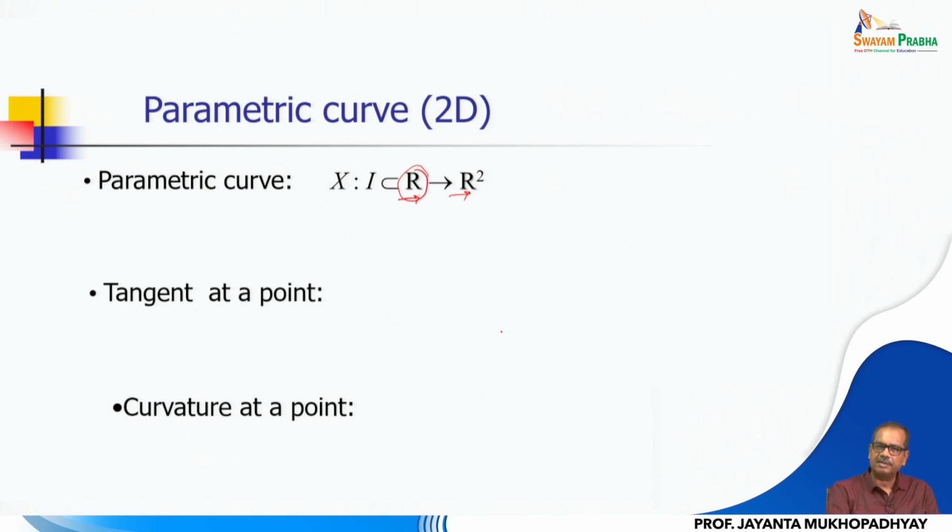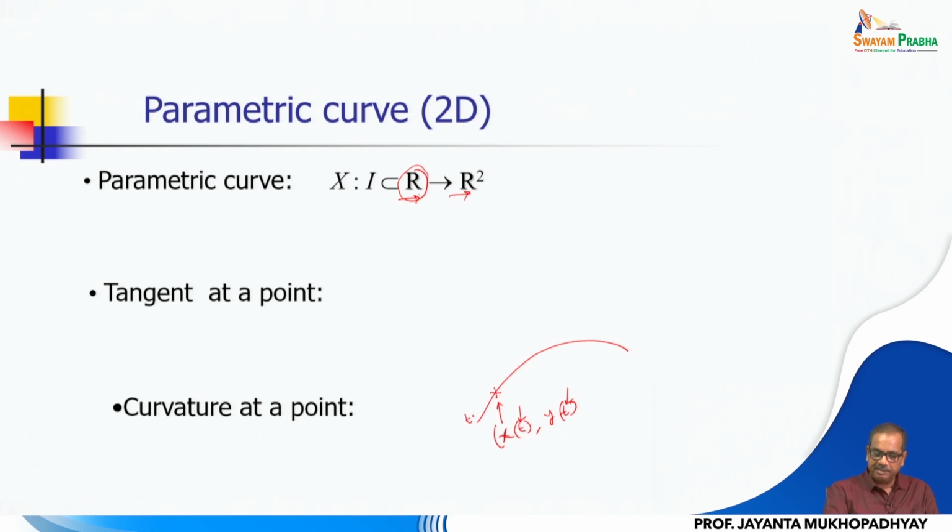So in 2 dimensions, we know that every point has a 2-dimensional coordinate. But when we are considering a parametric curve, at any point it can be defined as a function of a parameter, x(t) and y(t), where these are the coordinates and t is the parameter.